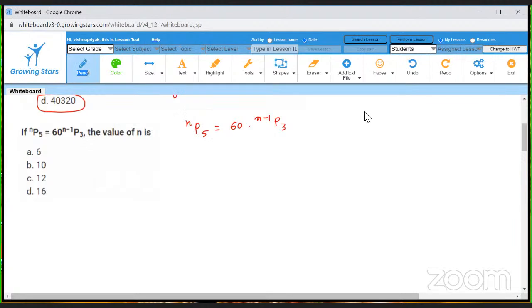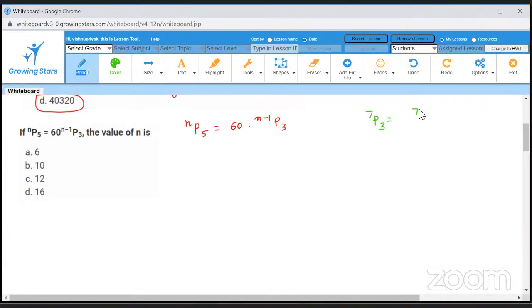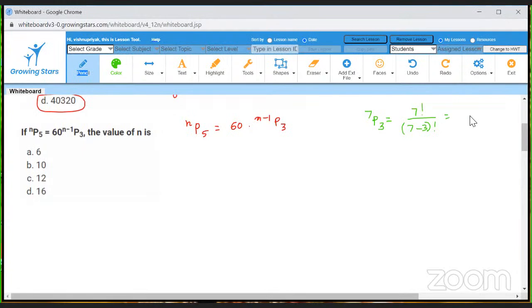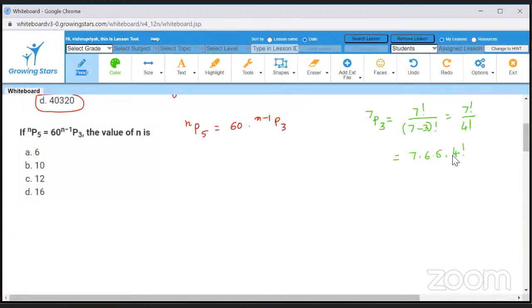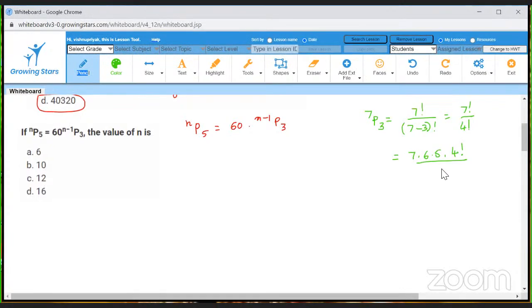Suppose if you have 7P3, you can use the formula 7 factorial by 7 minus 3 factorial. That is 7 factorial by 4 factorial, or 7 into 6 into 5 into 4 by 4 factorial. 4 factorial will cancel. So finally 7 into 6 into 5 is left.